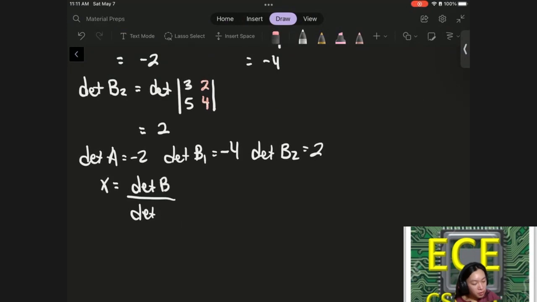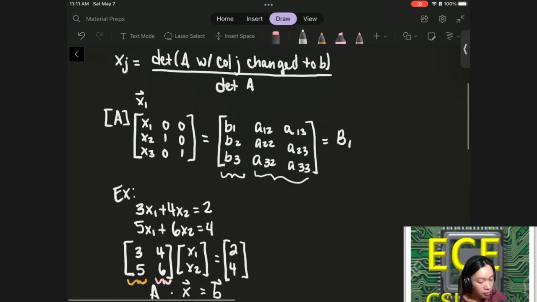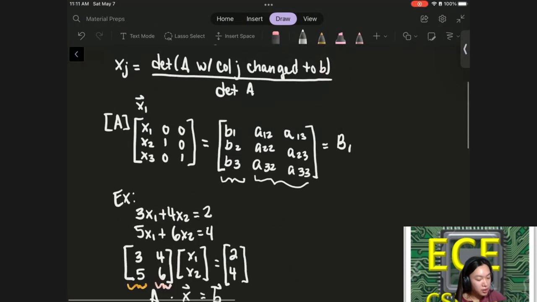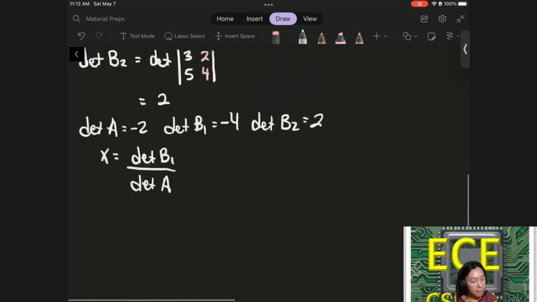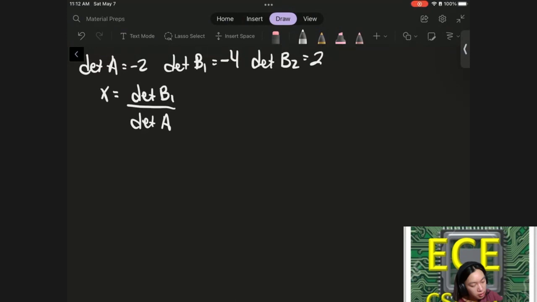It's B1 over A, because B1 is the determinant of the matrix A with the first column replaced with B. So that is x1 equals -4 over -2, which just equals 2.